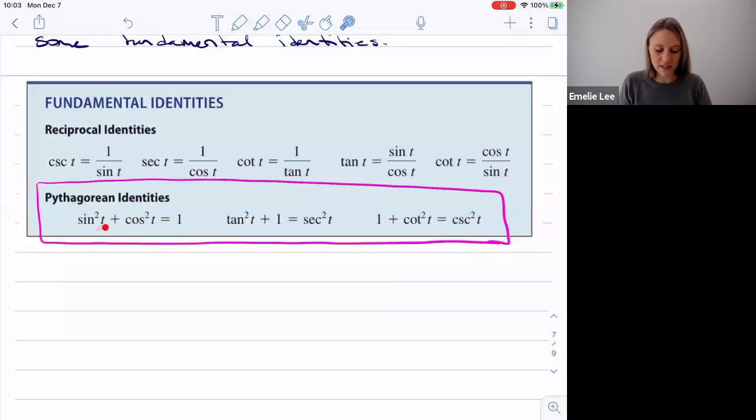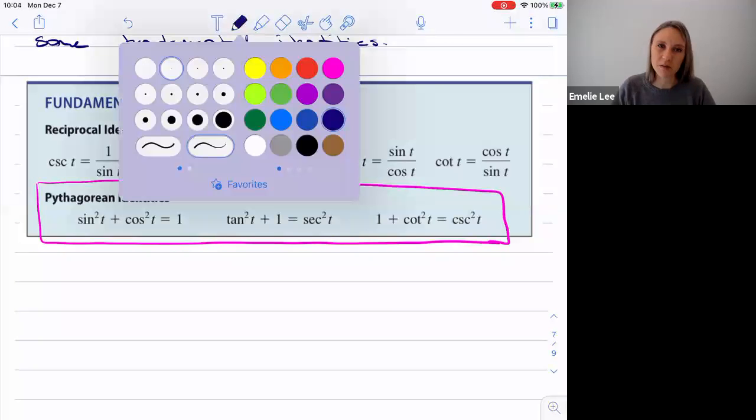You can move back and forth between these. We're not going to focus so much on that. What I want to do is just work on these. You can move back and forth between these if you divide by sine squared t or cos squared t. Either way, you're going to end up at one of these other identities. But don't worry.